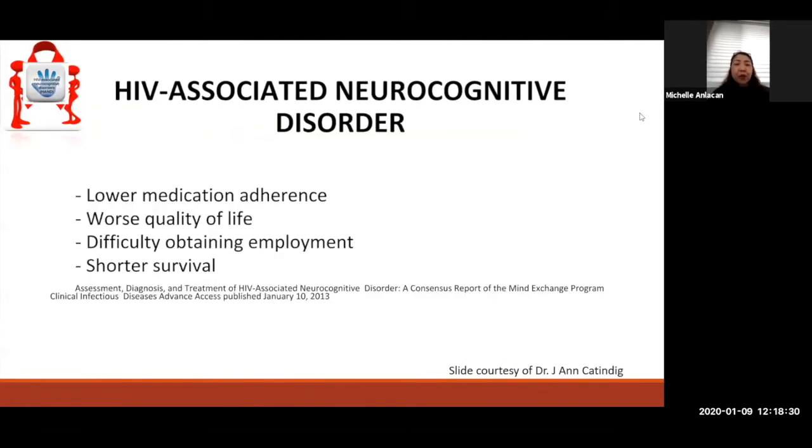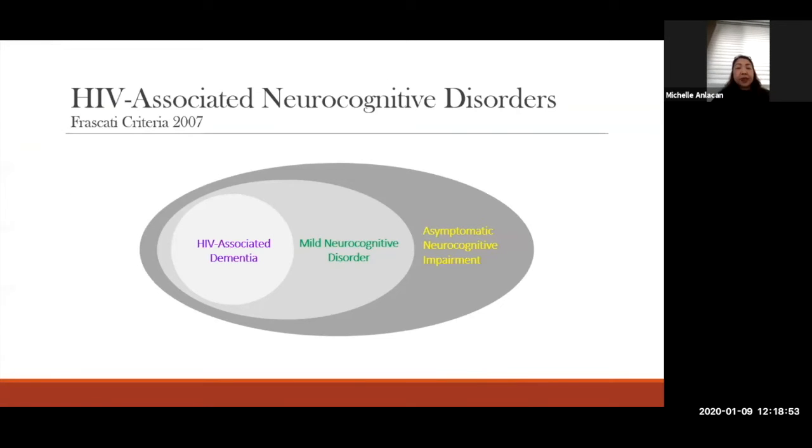So why is this important for us? Because it lowers medication adherence. So they forget to take their medications. And because they are impaired, they have a worse quality of life and they will have difficulty obtaining employment, and it shortens their survival time. Next, please. So this is the spectrum that I'm talking to you about.